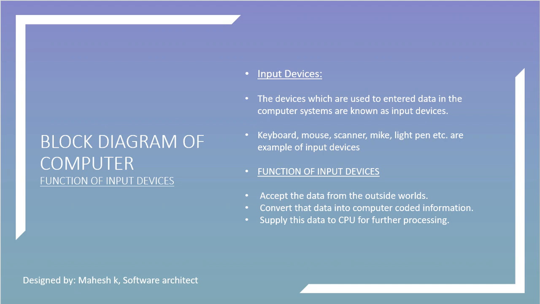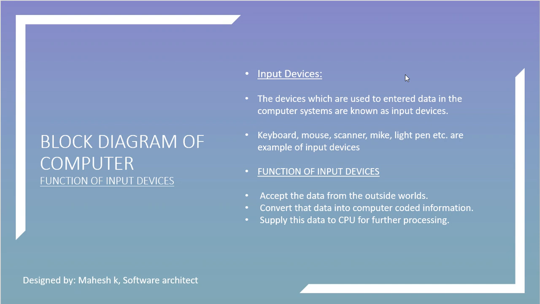Okay, so let's understand what is input. The first function is the input device. The devices which are used to enter data into the computer system are known as input devices. I will explain input devices in detail in coming slides or coming videos, but let's understand the input device for the time being.